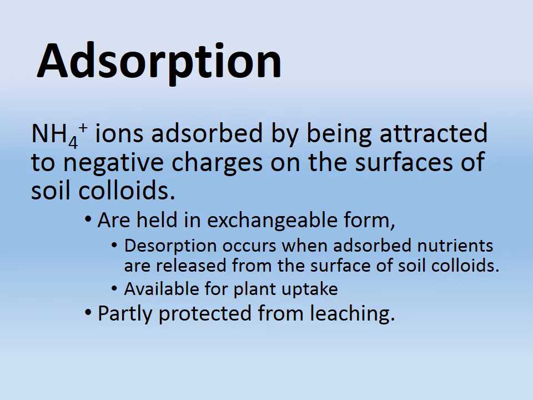Ammonium ions are adsorbed by being attracted to negative charges on the surfaces of soil colloids, and they are held in an exchangeable form, and desorption occurs when adsorbed nutrients are released from the surface of soil colloids and they become available for plant uptake.